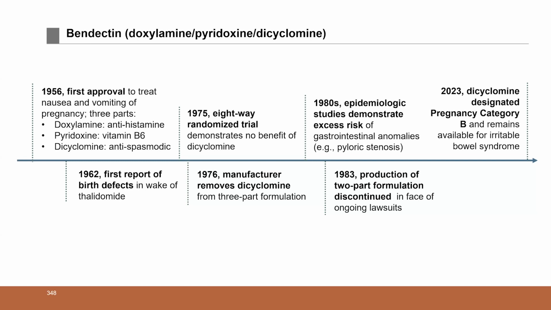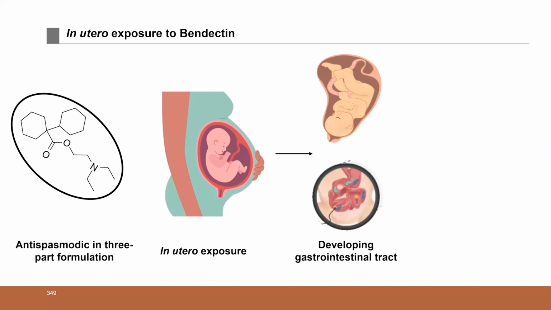Importantly, dicyclamine, again, that antispasmodic included in the 3-part formulation of Bendectin, continues to be used in clinical practice to treat irritable bowel syndrome and is designated as pregnancy category B by the U.S. Food and Drug Administration.